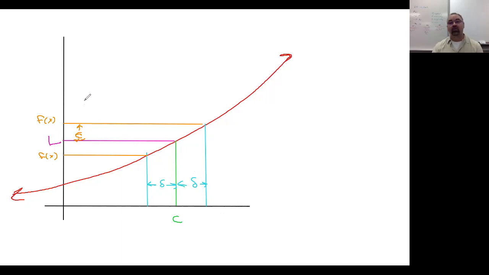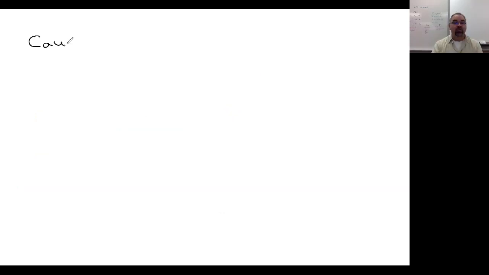And so what we're going to do here is run through a quick example. Cauchy's definition says this.